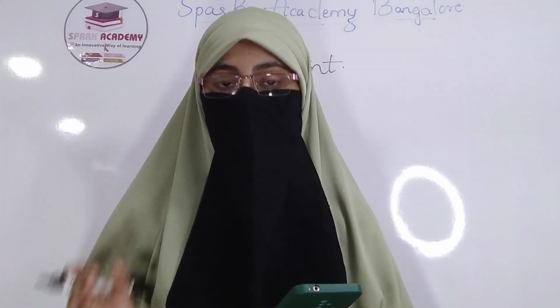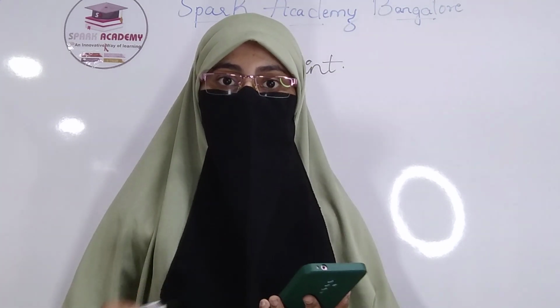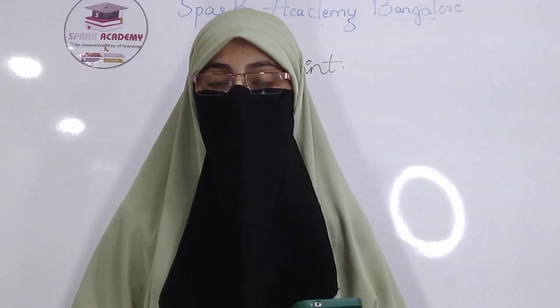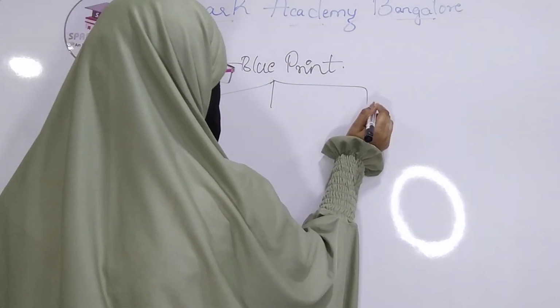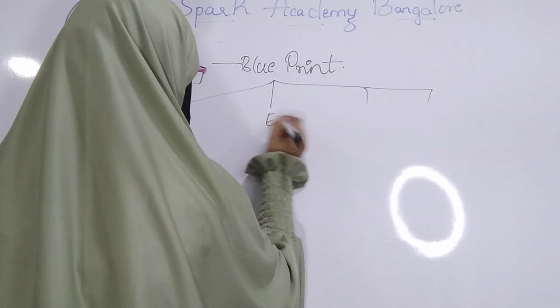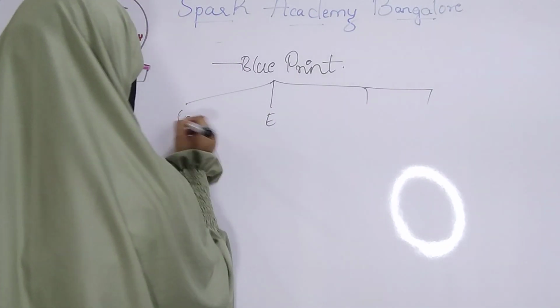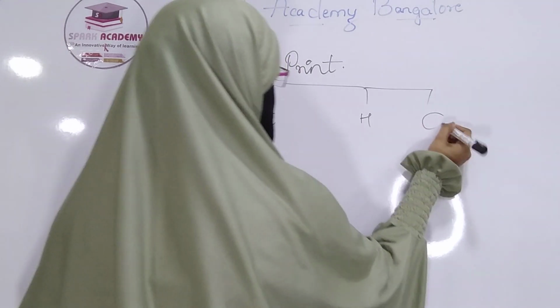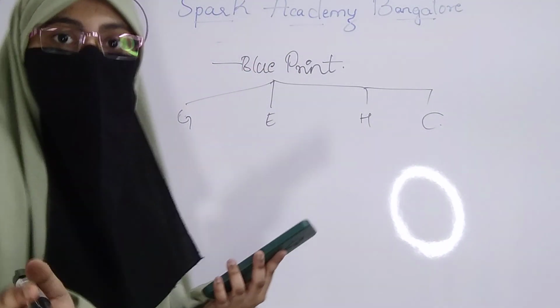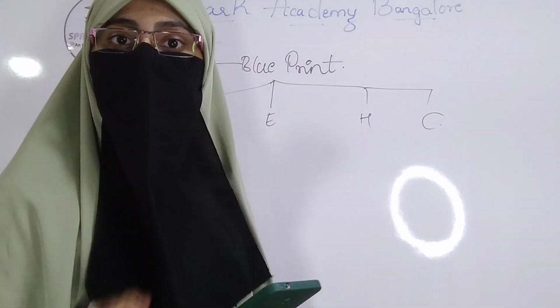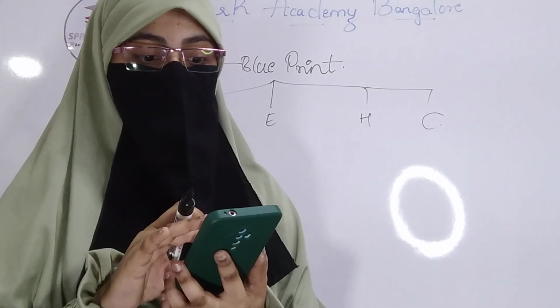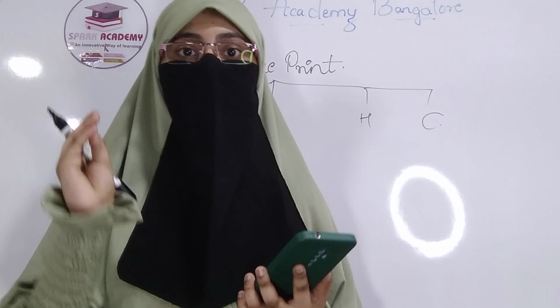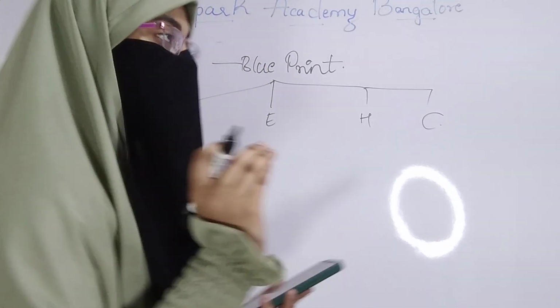If you are finding it difficult to study the entire geography part, we will first segregate the blueprint into the parts: geography, economics, history, civics. If the student is not comfortable studying all the geography chapters, the important chapters which hold the maximum marks, first we will study those.